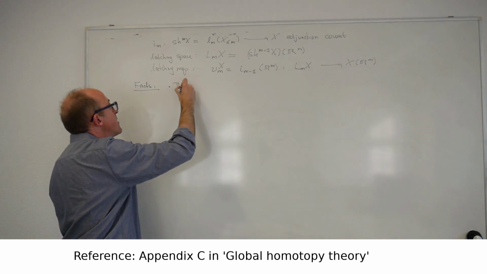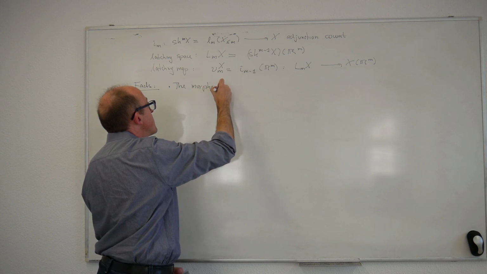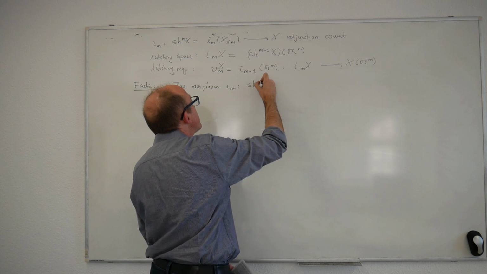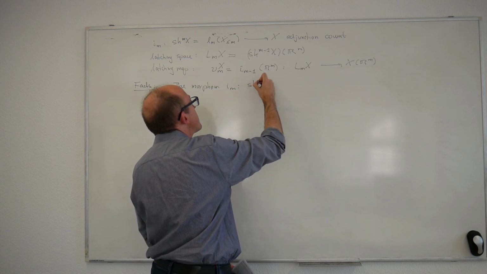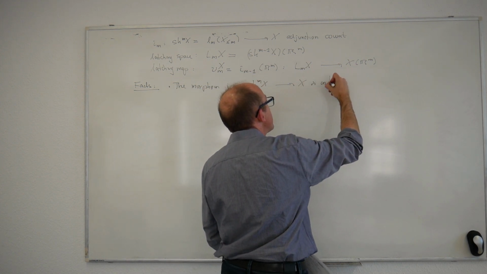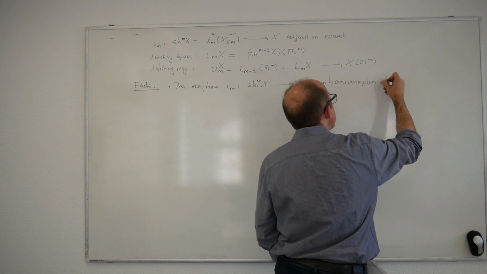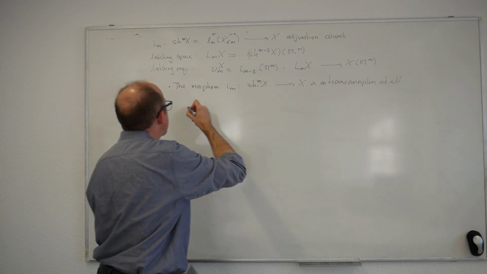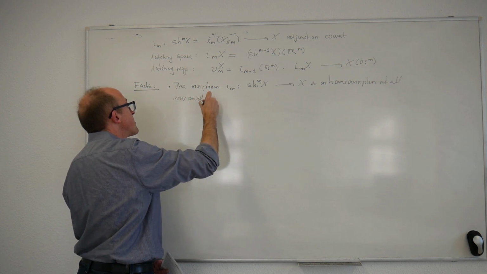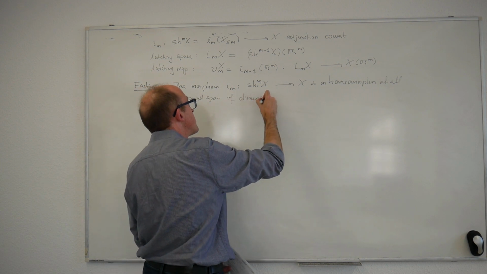First fact is that this morphism, co-unit of the adjunction, IM from the M skeleton of X to X is a homeomorphism, or an isomorphism of spaces at all inner product spaces of dimension less than or equal to n.